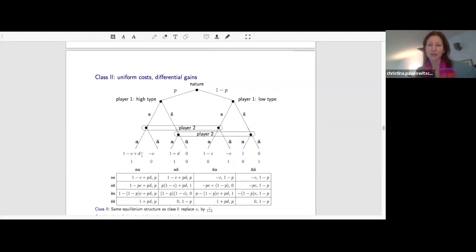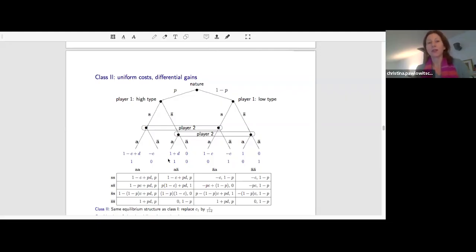But then there is the assumption that the high quality product, if it's bought once, gets a higher payoff, a little d here, a payoff increment. The argument given in the literature on advertising is that if the quality is good, there are repeat sales. So the function of advertising is more to attract the consumer.